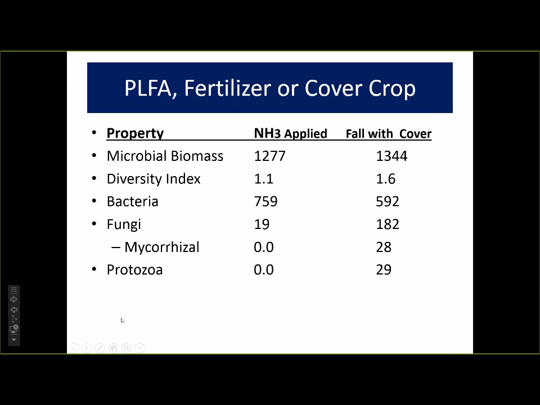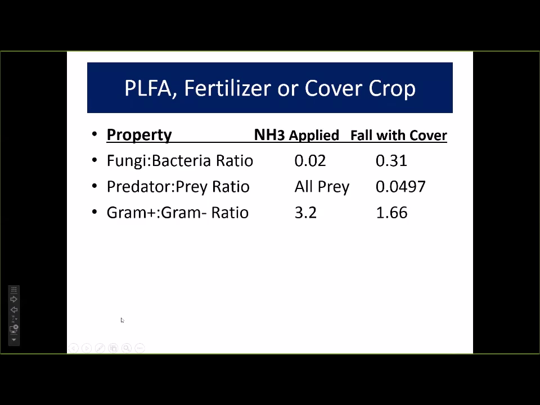And then protozoa, we had protozoa. The protozoa are a little bigger animals, I guess you could call them. And they go around eating all the bacteria and some of the fungi, and then because their carbon-nitrogen ratio is wider, their waste is nitrogen compounds that the plant gets. So the protozoa are very beneficial.